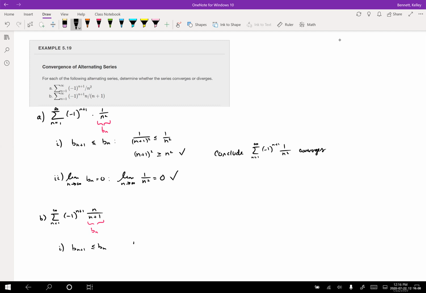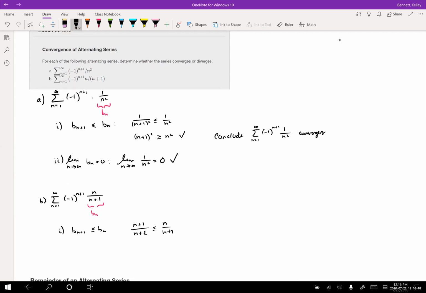So this would be n plus 1 over n plus 2 is less than or equal to n over n plus 1. So in order to do this, I'm going to just cross multiply. So I get n plus 1 squared is less than or equal to n times n plus 2. So this is n squared plus 2n plus 1 is less than or equal to n squared plus 2n.